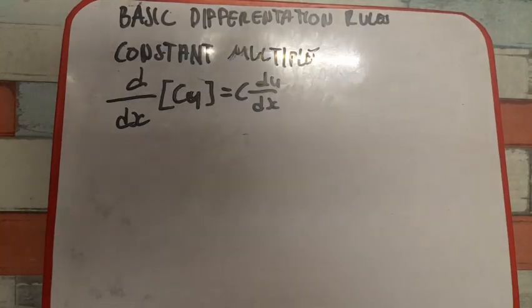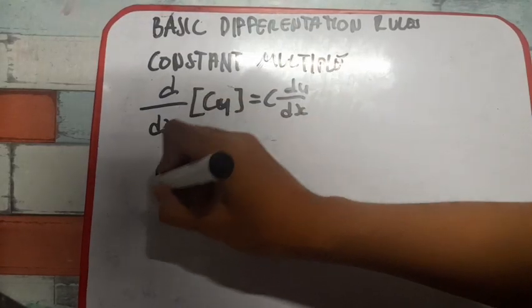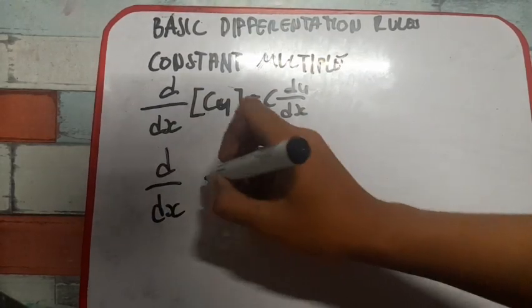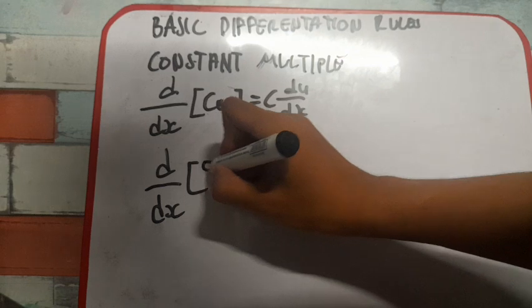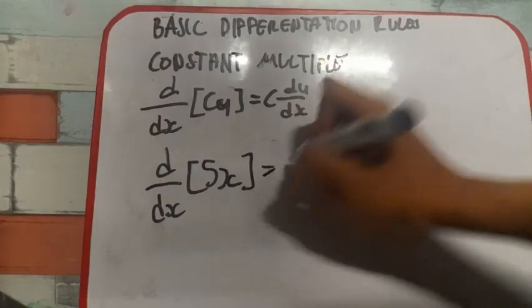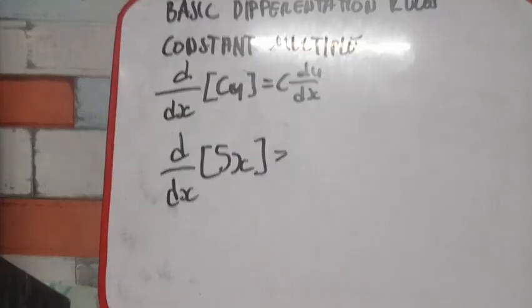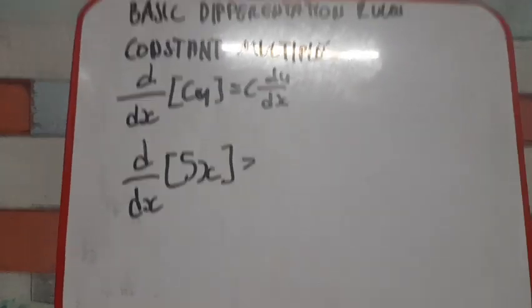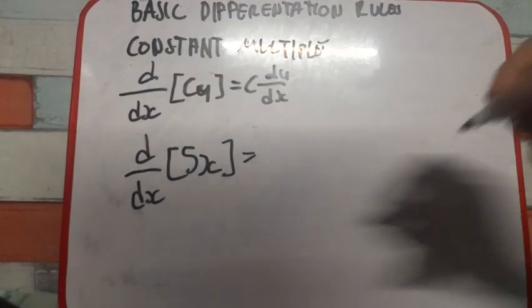Say for example we have the derivative of 5x.